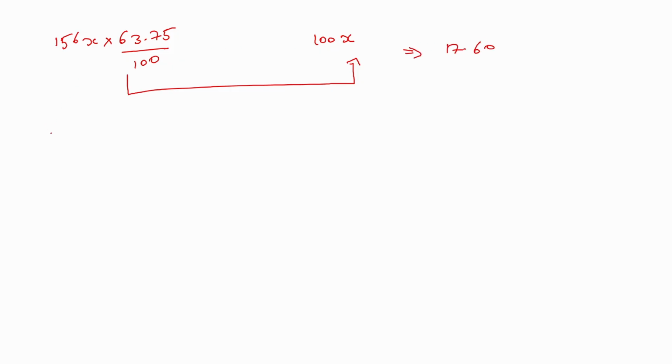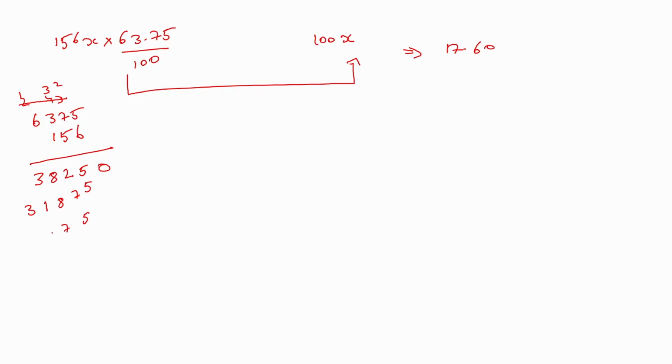So 156 into 63.75. 6 5s are 30, 6 7s are 42, plus 3 is 45, 6 3s are 18, plus 4 is 22, 6 6s are 36, plus 2 is 38. 5 5s are 25, 5 7s are 35, plus 2, 37, 5 3s are 15, plus 3, 18, 5 6s are 30, plus 1, 31.